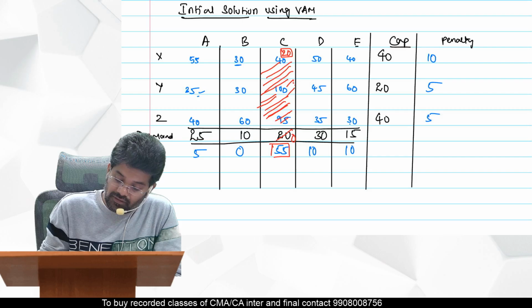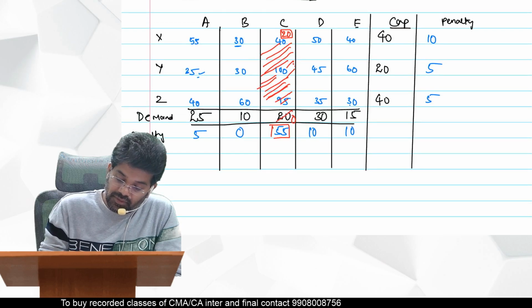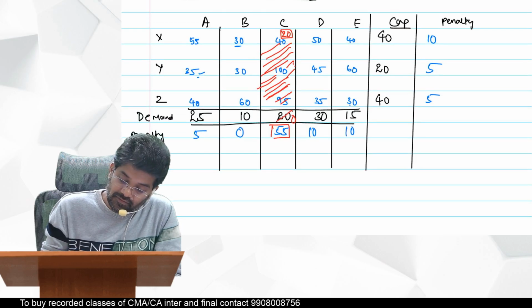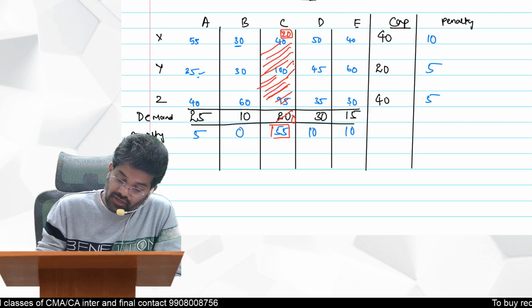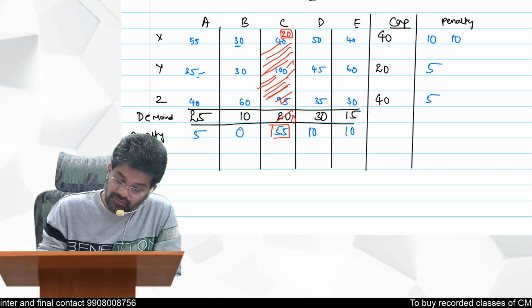Okay, now next, repeat. Next one here again 30 and 40, 10. Next 30 and 35, 5.